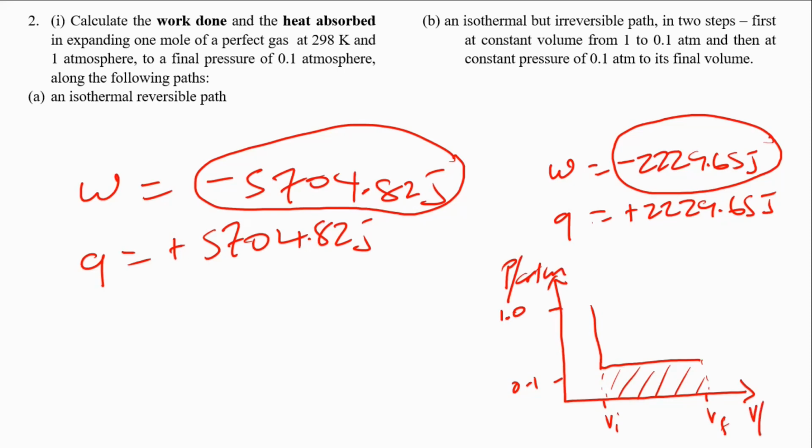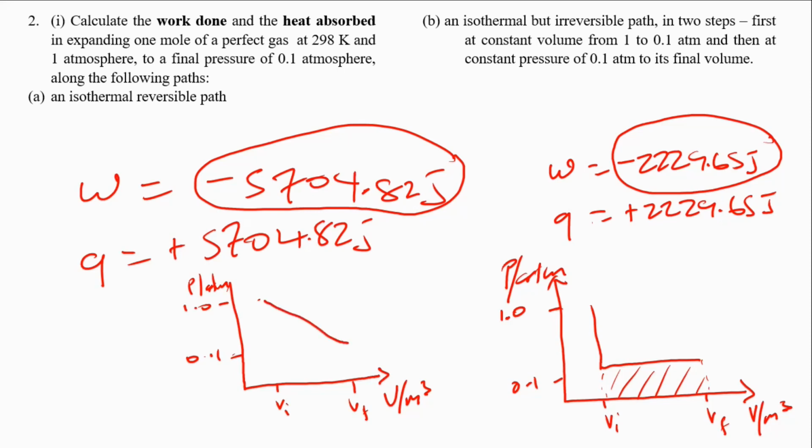And this is volume in meters cubed. Okay, now that's the irreversible. Look at the reversible. Look at what we came up with for the reversible system. Volume in meters cubed, V initial, V final, and this is the pressure, 1, 0.1, pressure in, let's say, atmospheres. For such a system, in this case, because we only have 2 points, it would appear to be like a line.